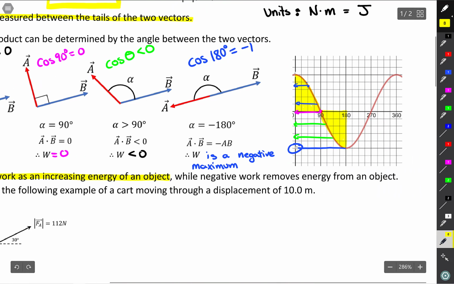Now, if work is negative, you're removing energy from the box. Say you stop applying a force on it. Friction is going to come into play, acting to oppose the motion, so it's going to slow the object down and remove energy from the system. So you can say negative work is the same as removing energy from the object.